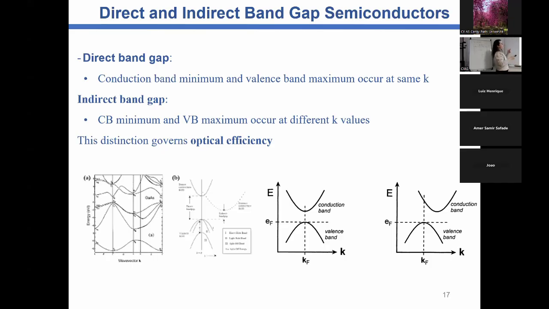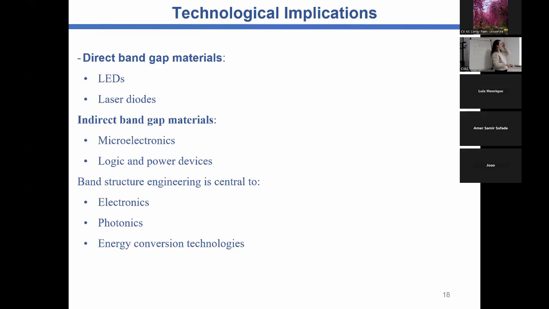So this is the reason that a direct band gap is preferable, but as we know, we can also use an indirect band gap to construct an LED, though it is less preferable. And the indirect band gap is usually used for logic and power devices because we can trap the electron more easily than with a direct band gap.